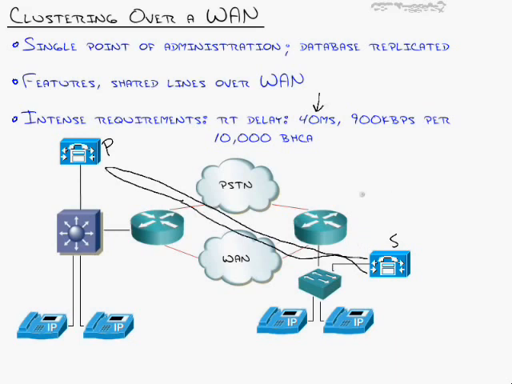Now, to put that in perspective, the requirement for high-quality voice is 150 milliseconds one-way delay, meaning I just have to get from here to here in 150 milliseconds or less for high-quality audio. And some people are like, wow, that's going to be tough, delay, processing, all that kind of stuff. So when you look at 40 milliseconds round trip, meaning 20 milliseconds one way, people are like, no way.